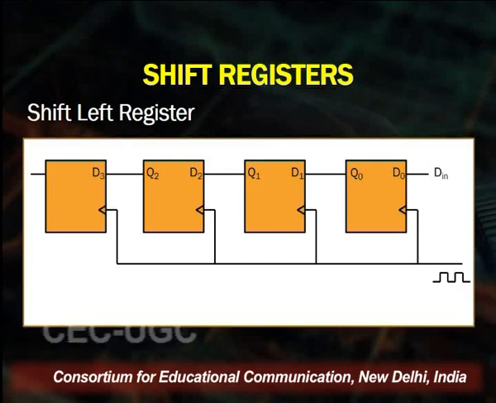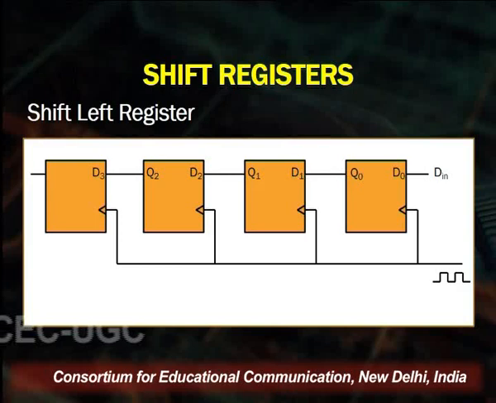because now the new data would shift from the LSB to its next flip-flop, that is D1, and hence Q3, Q2, Q1, Q0 will be 0, 0, 1, 0, because Q0 will shift to Q1, Q1 will shift to Q2, and Q2 will shift to Q3.